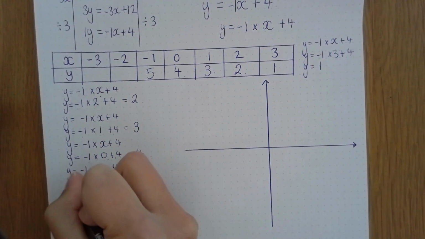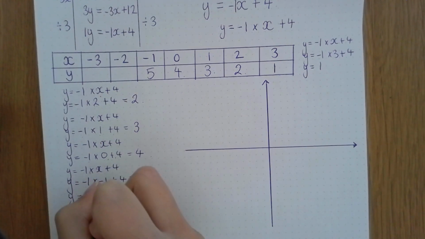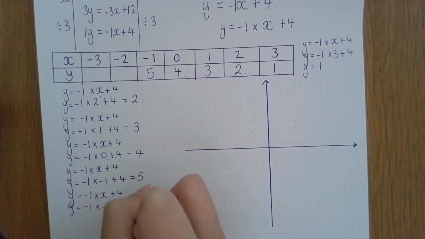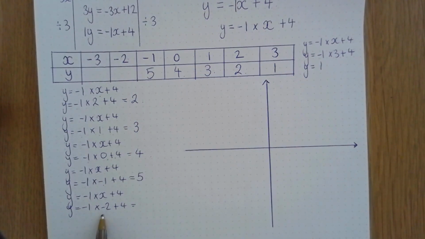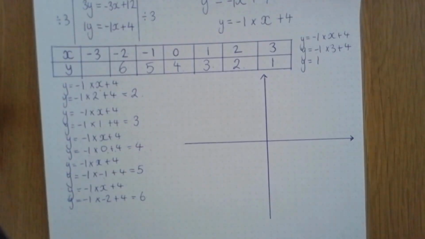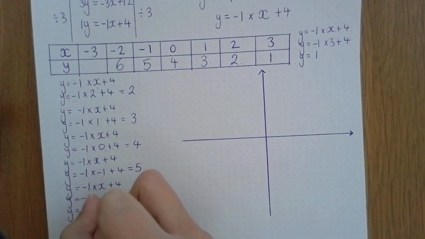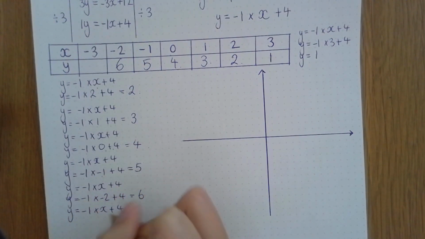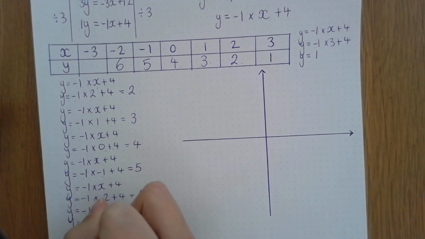Next is negative 2. So we've got negative 1 times x plus 4. So negative 1 times negative 2 plus 4, because we're using negative 2 now. Negative 1 times negative 2 is 2. 2 plus 4 is 6. And then y equals, now we're going to use negative 3. So negative 1 times negative 3 plus 4.